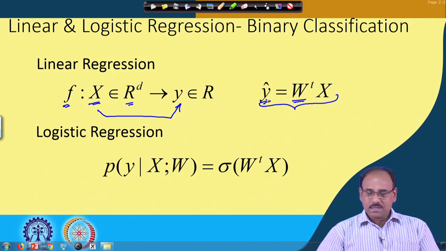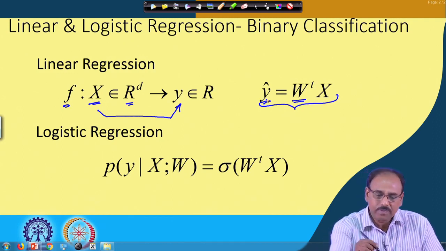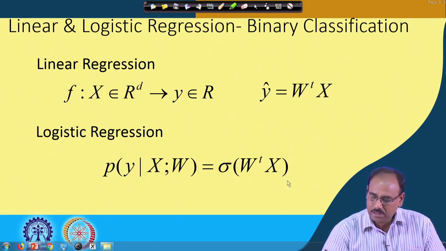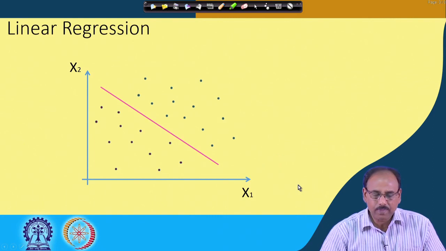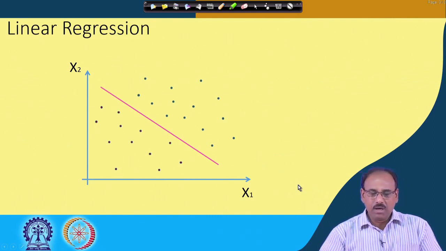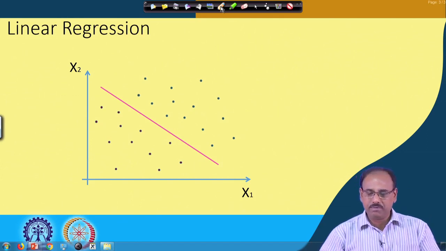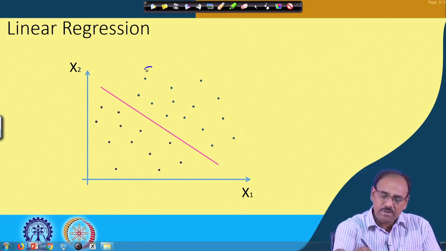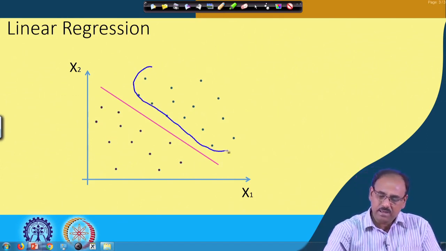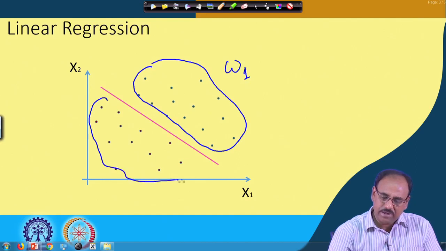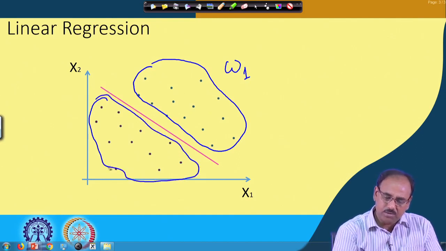Now, what is this linear regression actually? If you look at this expression, w transpose x, given this example, here we have taken the same example as in your previous discussion. We assume that this is the set of feature vectors which belong to class omega 1, and this is another set of feature vectors that belong to class omega 2.